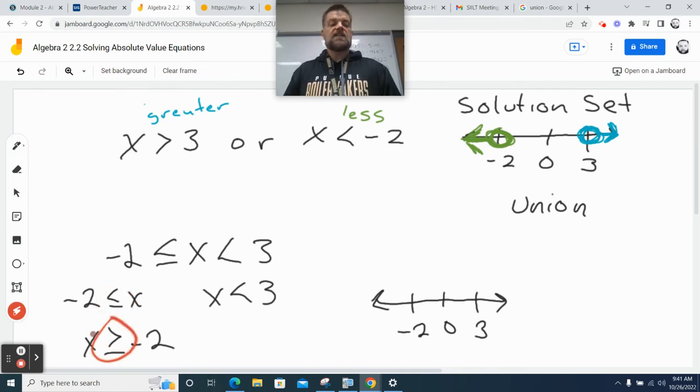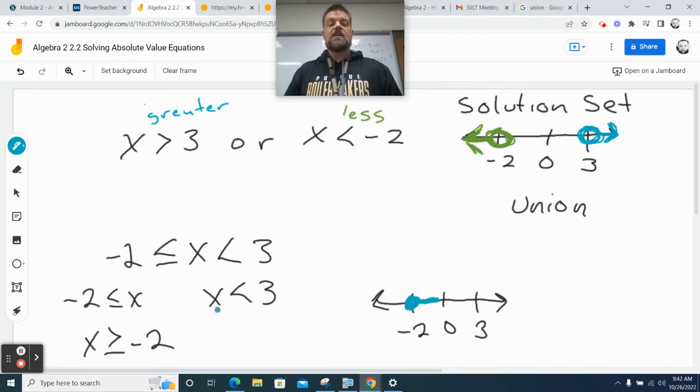If I put x on the other side and I point it towards the -2, I'll get an inequality that looks like this. So now if I go to graph this, because -2 has an equal sign, x is greater than or equal to -2, I'm going to put a closed circle. That means I'm telling the reader this includes -2, and it's any value greater than -2. So that means I go to the right.